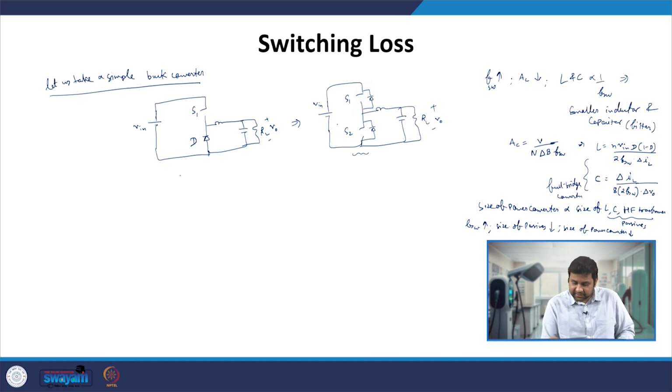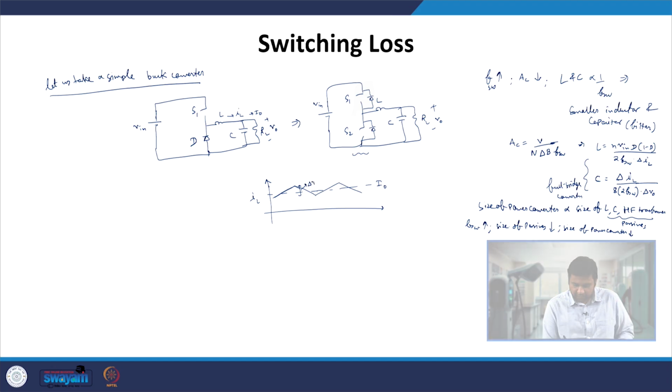Since we have this LC at the output of the switch and diode connection, if you see the IL current, it will consist of an average value, which is nothing but I naught, the current going to the load, and it will have some ripple. Let us assume this ripple delta IL to be very small.